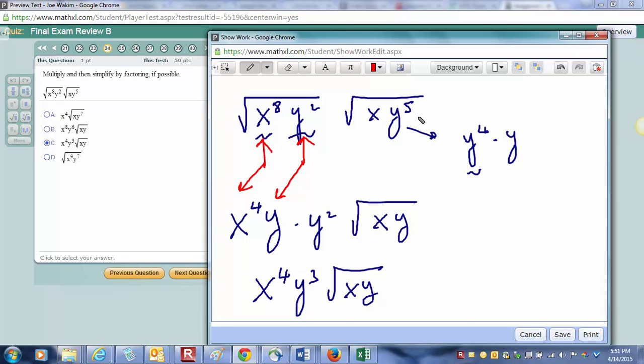Now here the y to the 5th can be written as y to the 4th times y to the power 1, because the sum is 5. This is a perfect square, it will come out as y squared. And inside the radical we will have x and y. So now we multiply y times y squared, which is y cubed. So x to the 4th y cubed square root of xy is the final answer.